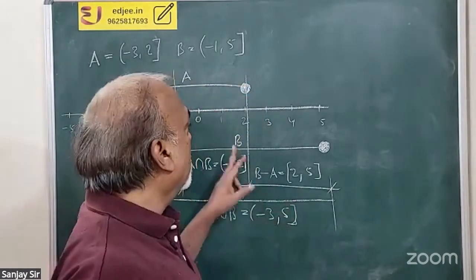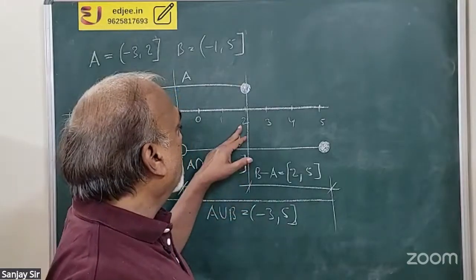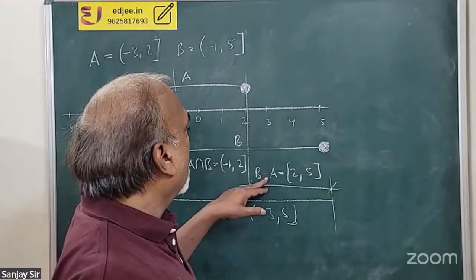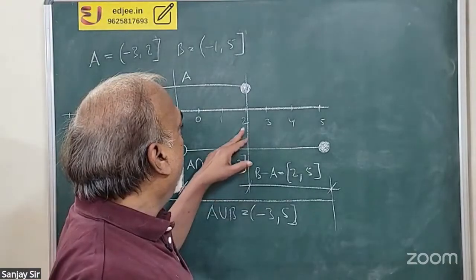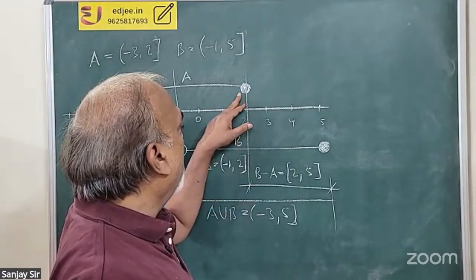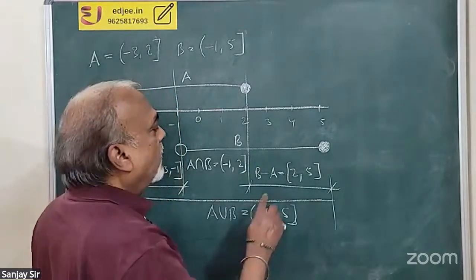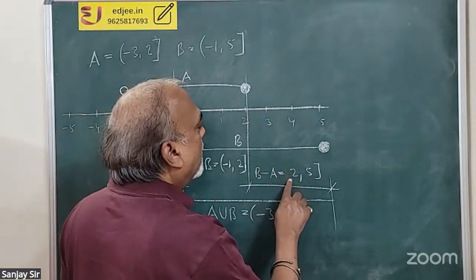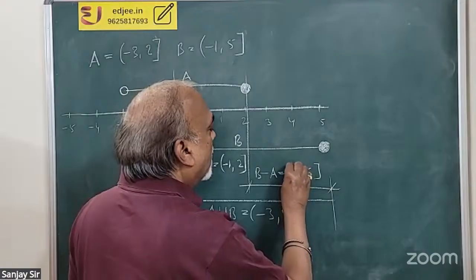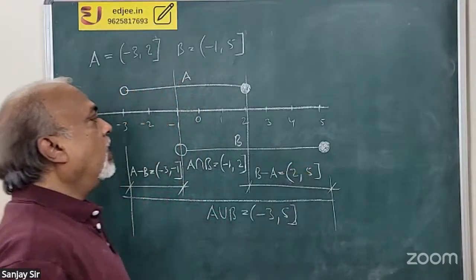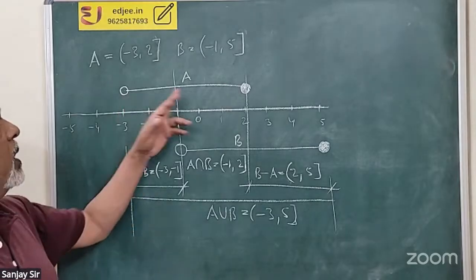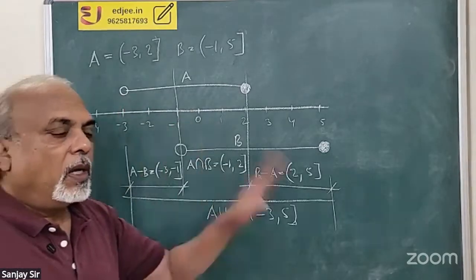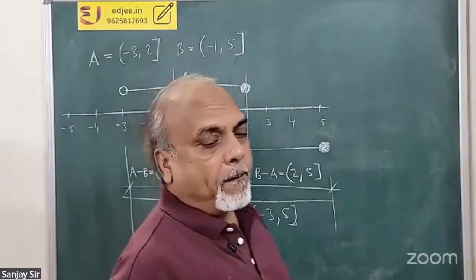Sorry, one more thing. Here you see B is included in A. Oh, B is included in A. So it will not be included in B minus A, because all the things of A you are subtracting from.